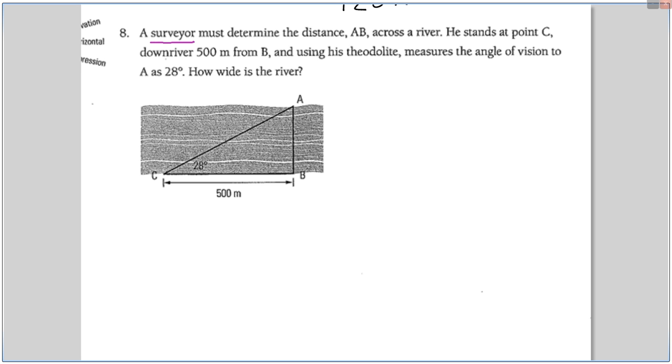Okay, so one guy stands over here at point C, downriver 500 meters from point B, and using his theodolite, I have no idea what that is, it's probably the tripod laser thing, measures the angle of vision to A, 28 degrees, so there's 28 degrees. How wide is the river? So they're trying to figure out W, how wide is the river?